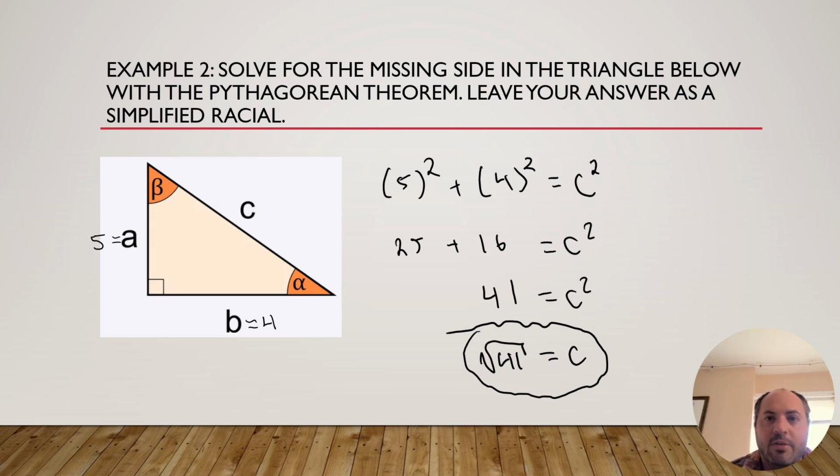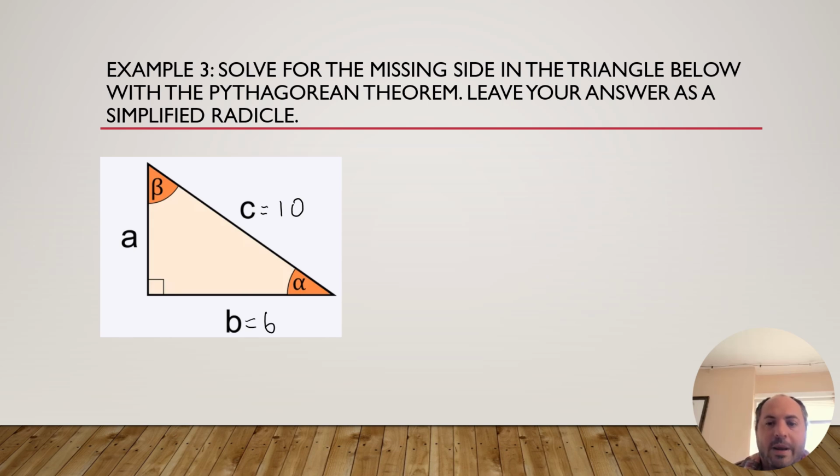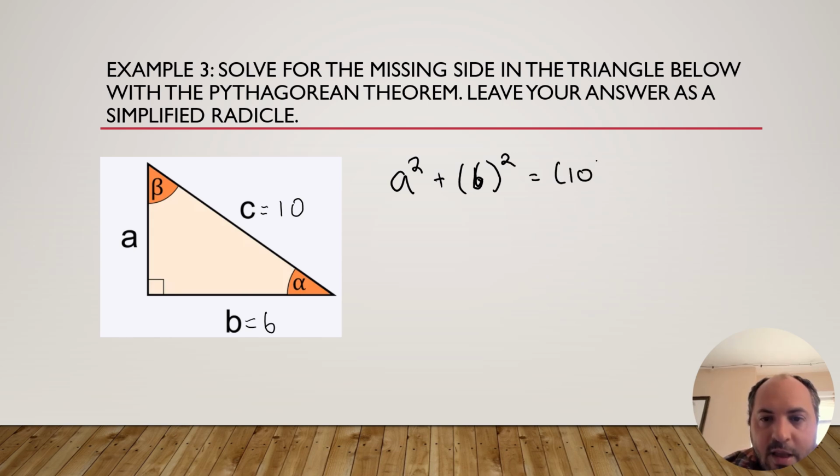So now let's look at one more example. In this example, we now know one of our leg lengths and the hypotenuse length, but we don't know the length of that second leg. To set up the formula this time, I'm going to have a squared as my unknown plus b squared, and b is length 6 here, so I'm going to plug that in, is equal to c squared. That is 10 squared. Notice how I'm always putting parentheses around my numbers.